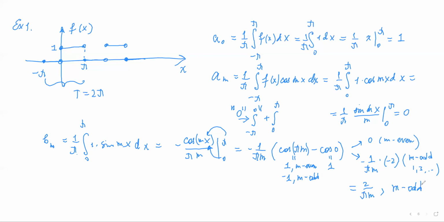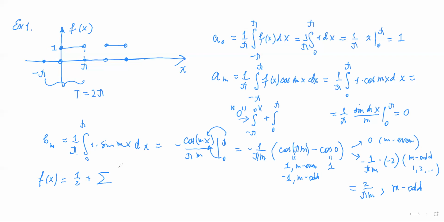So what I'm going to do is first write down the answer and just write down that m is odd. And second, a0 equals 1, right? The formula has a0 over 2. So I'm going to have 1 over 2 plus sigma. I'm going to have only sine terms, right? Cosine terms are going to have 0 coefficients.